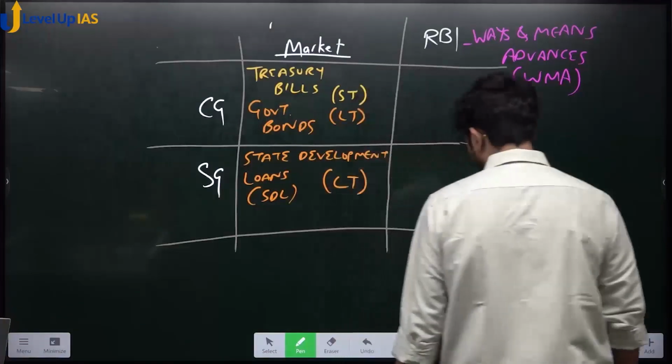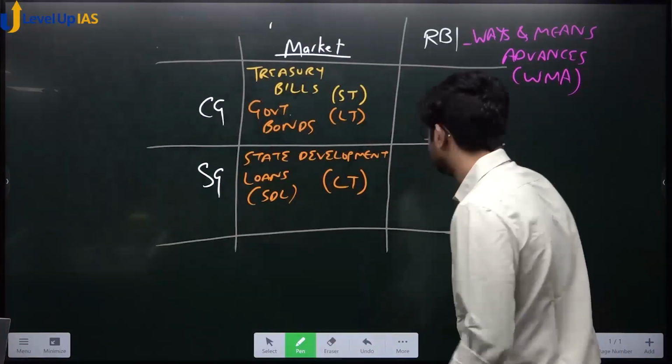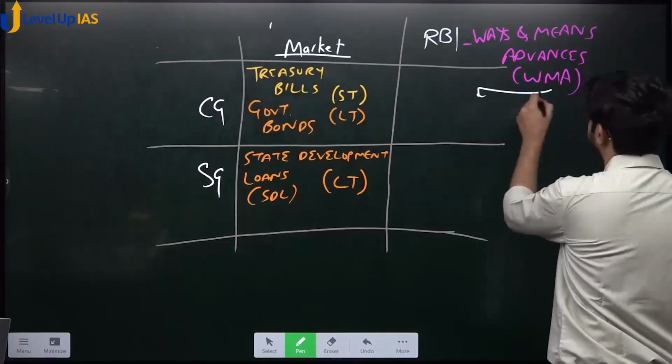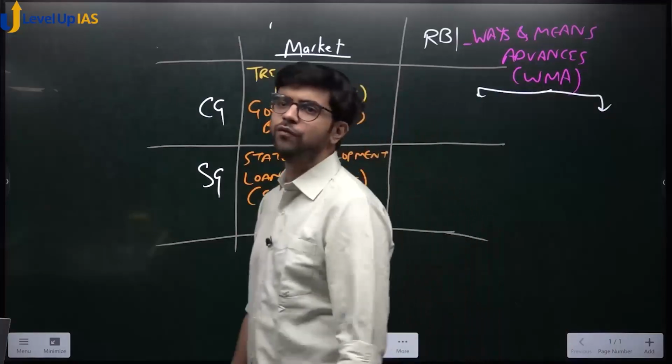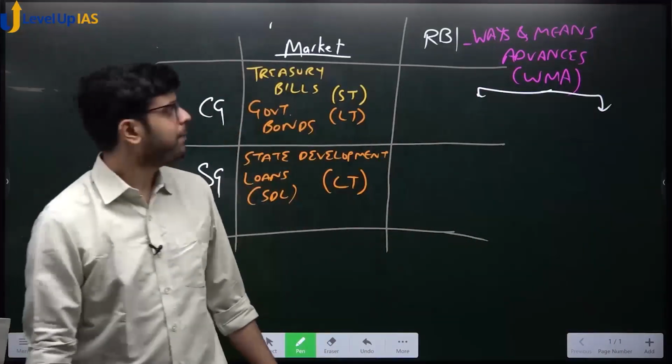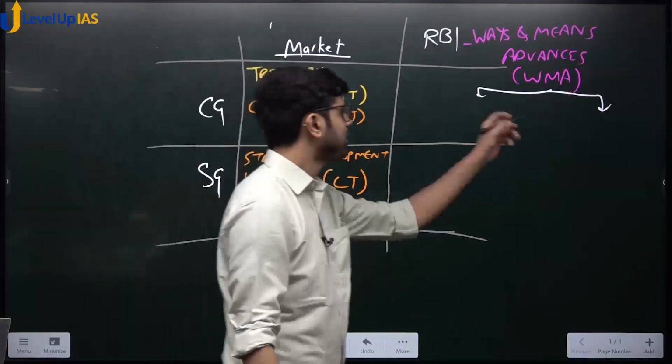So ways and means advances can be divided into two types. Okay? One is known as primary, one is known as secondary. Primary ways and means advances and secondary ways and means advances. So this is known as normal.